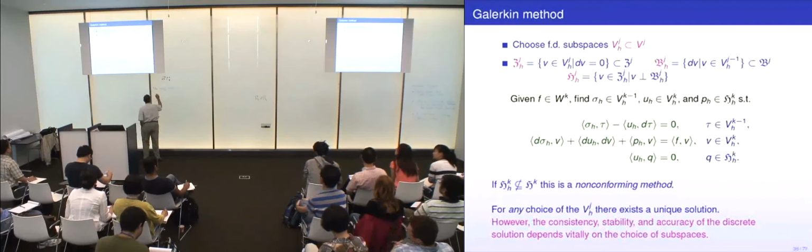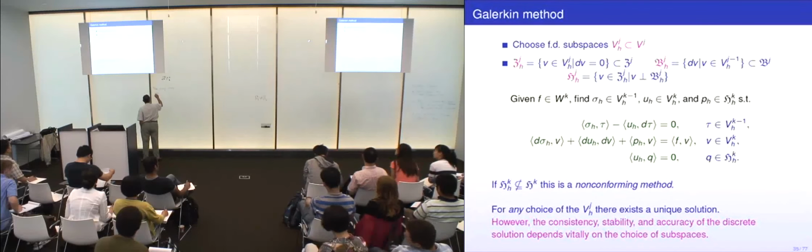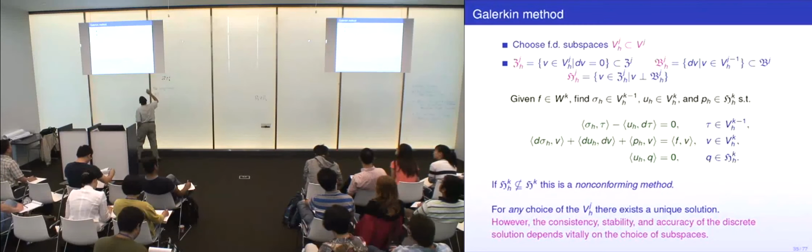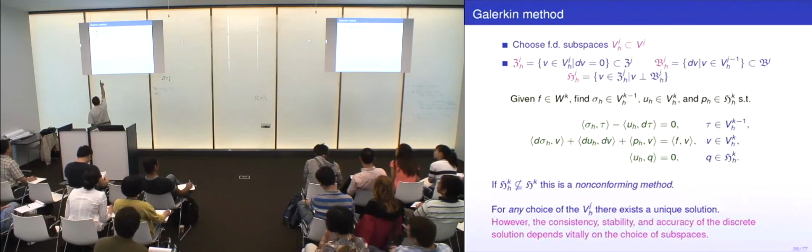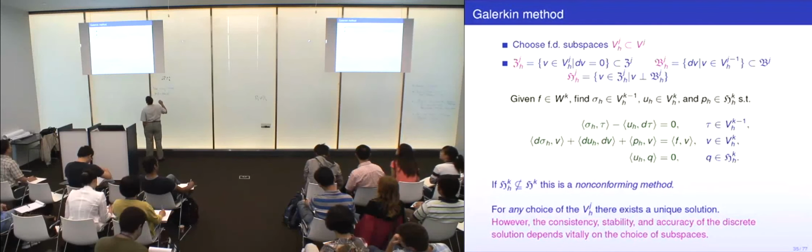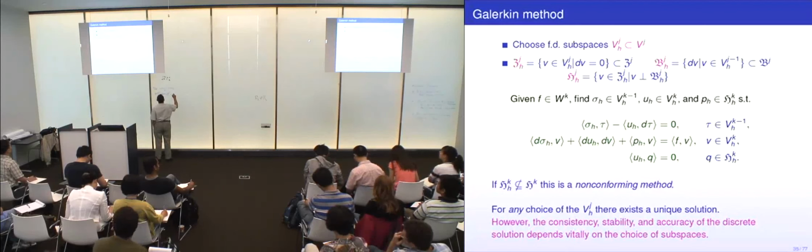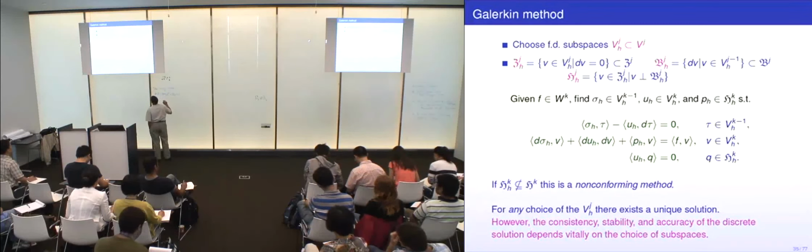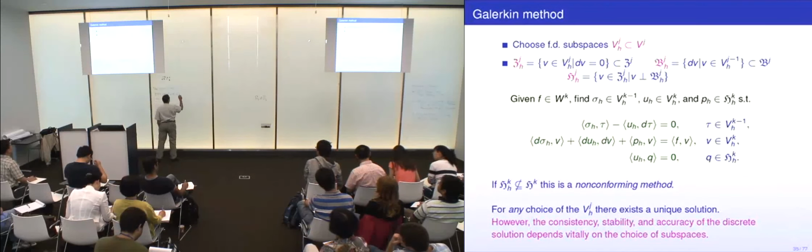So I get sigma H squared. Then I'm going to add the two equations, so the UH d sigma H and the d sigma H UH will cancel. And then I'll get plus DUH squared plus PH UH is equal to 0, if F is 0.